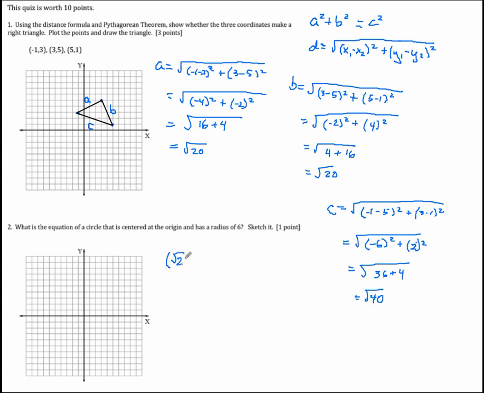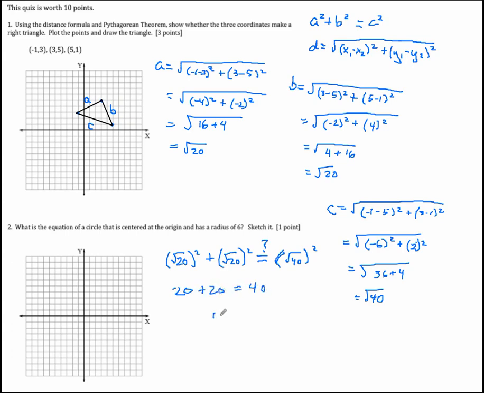Using the Pythagorean theorem, the square root of 20 squared plus the square root of 20 squared. If this is equal, then we know we have a right triangle on our hands. So 20 plus 20 really does equal 40.